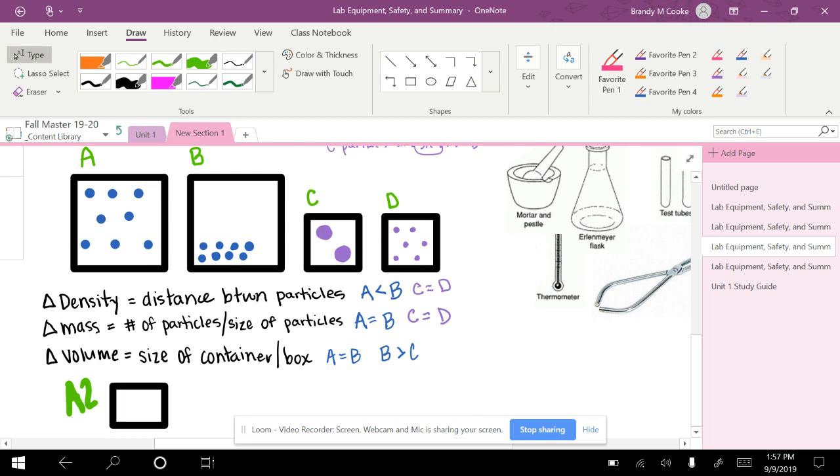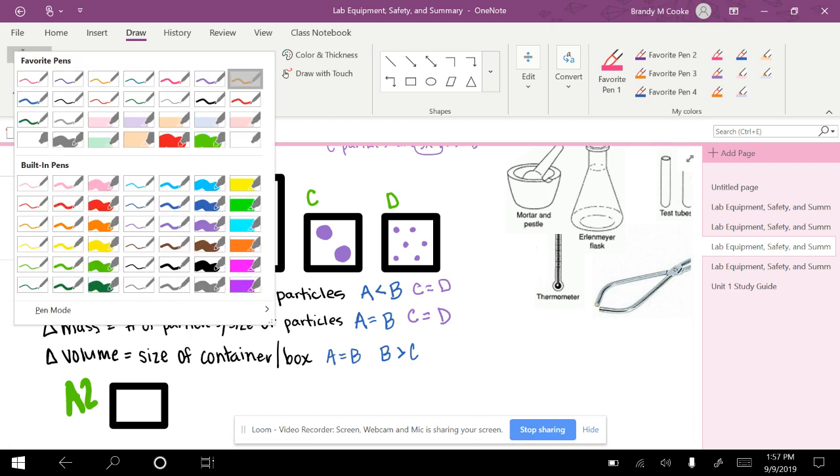Okay, so in your head, I want you to picture this. We have this box A with these 8 blue particles, and now I've squished the box. What would you say is going to happen to the density? In order to answer that, let's also ask the question, what's going to happen to the distance between the particles? Well, hopefully you're going to say the distance is going to decrease because now they're all squished together in this little tiny box, right?